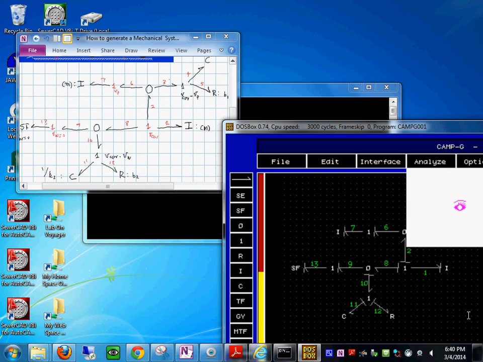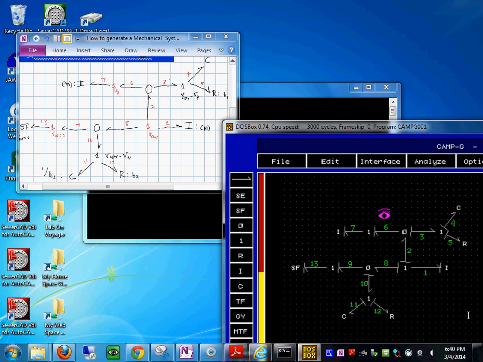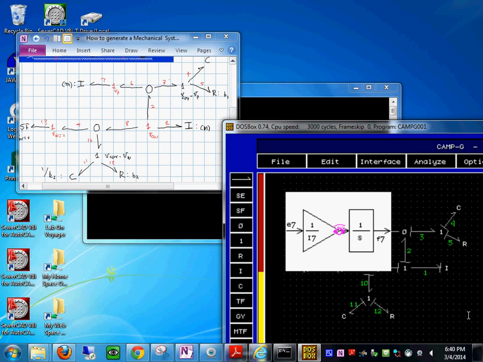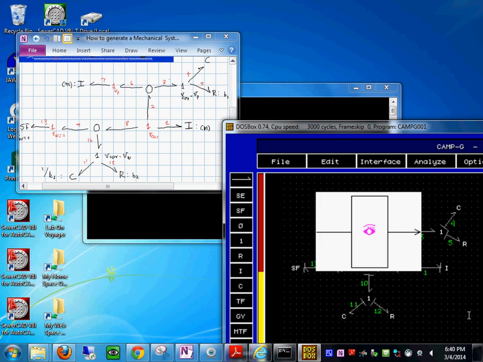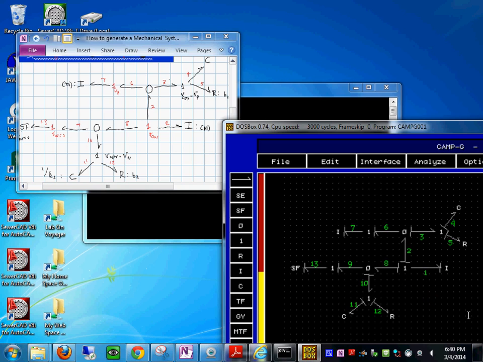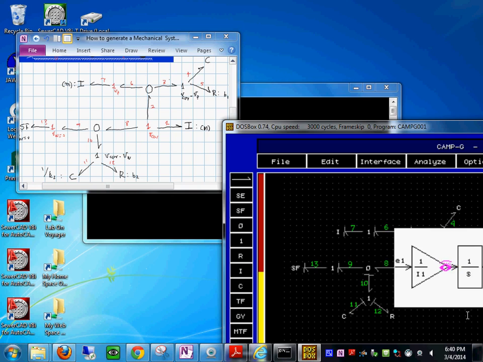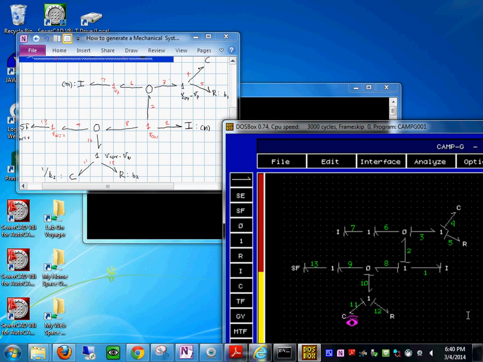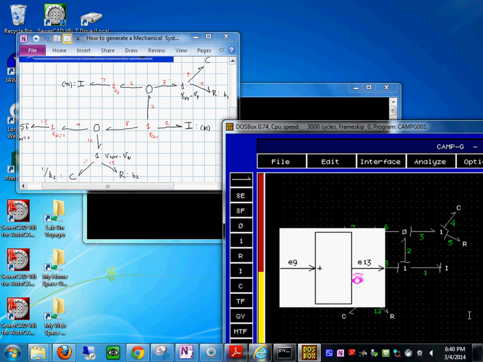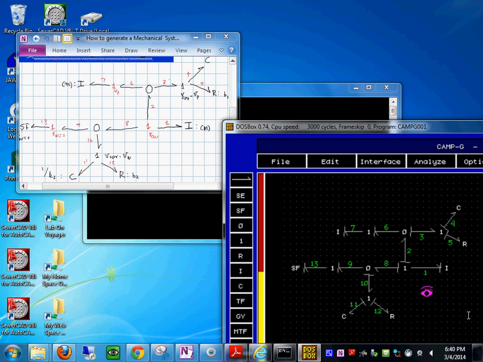What happens is if you click on each element, it's going to give you the equivalent bond block diagram of the junctions, the equivalent block diagram as the element would be in Simulink. So this is a way to verify that you understand the equations of the system as well.